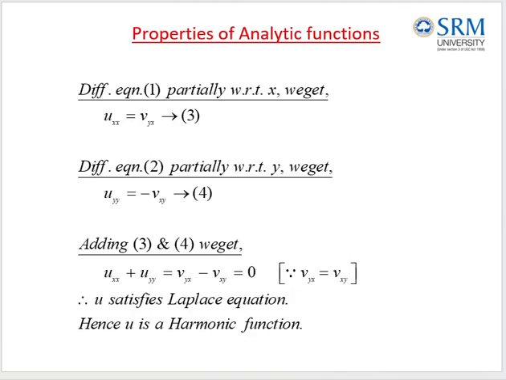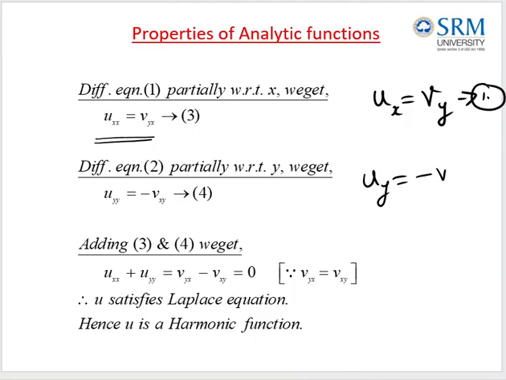See here that equation 1 is partially differentiated with respect to x. Equation 1 is ux equal to vy. Differentiating with respect to x partially, we get uxx equal to vyx. Then take the second equation uy equal to minus vx. This is partially differentiated with respect to y. So uyy equal to minus vxy.